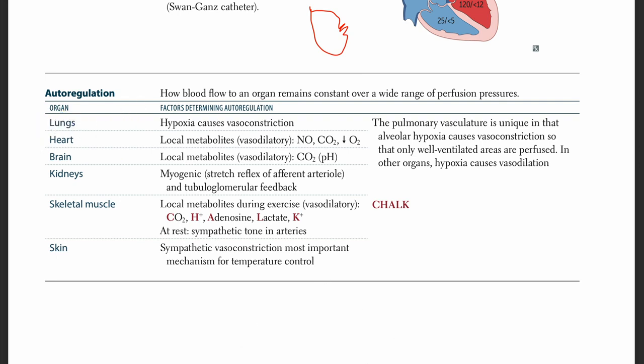vasoconstriction, because it has 3 parts to it, right? The apex part has wasted ventilation, and the base has the wasted perfusion part. So when you're exercising, everything becomes 1-to-1 perfusion and ventilation, so there's no mismatch there. In hypoxia, there is a mismatch.